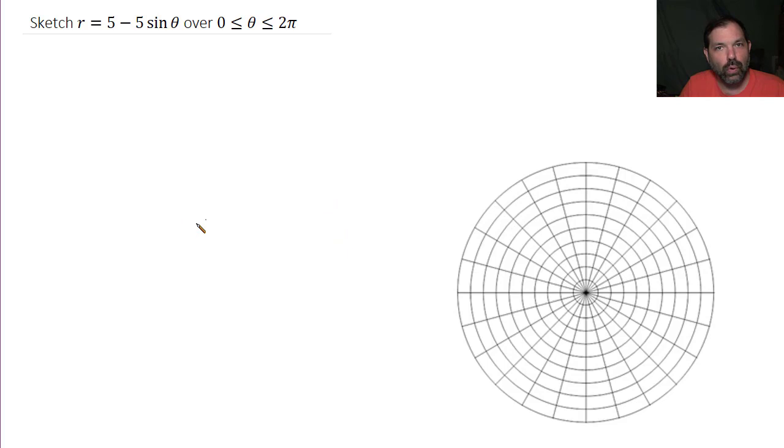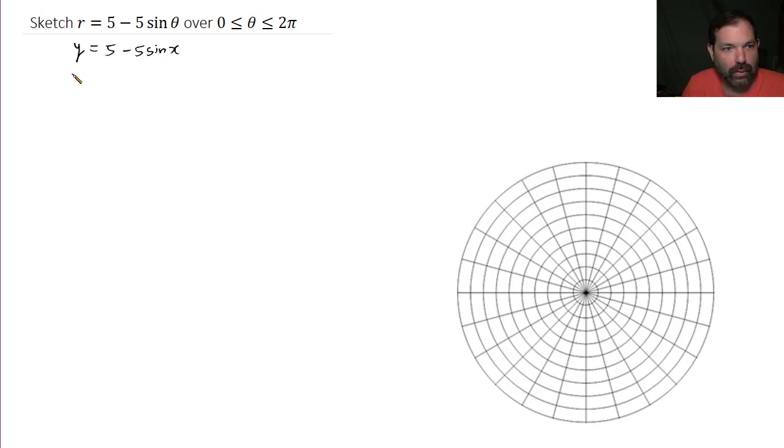But first I'm going to graph the Cartesian graph. I'm going to graph thinking of the r as a y and thinking of the theta as an x. How would I sketch y equals 5 minus 5 sine x? We learned how to do this back in a previous chapter.